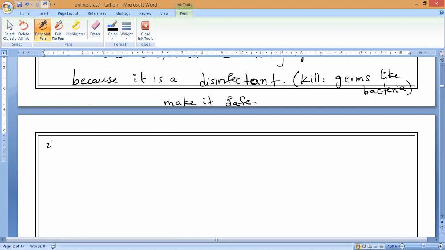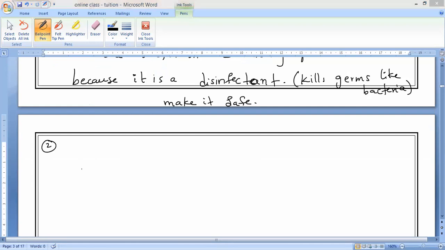First use. Next, any other use? How many of you know bleaching powder? What is another name of bleaching powder? Sodium chloride?